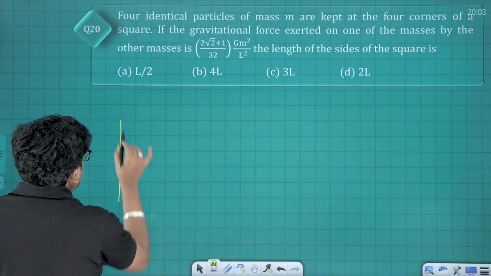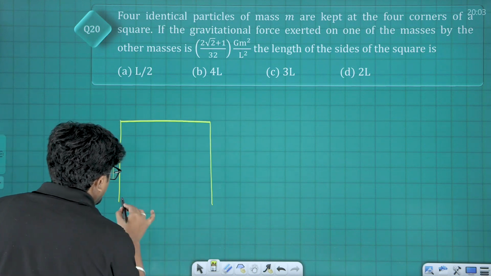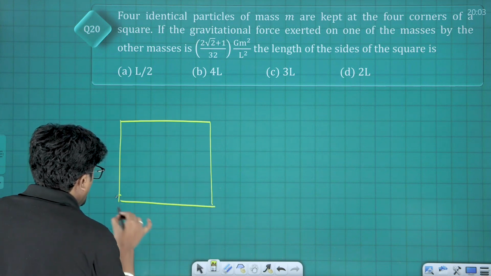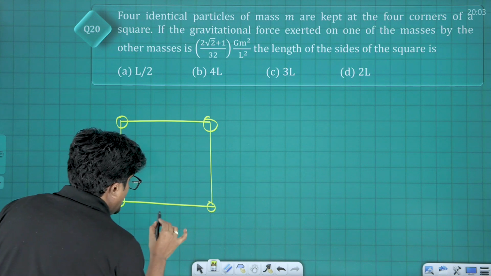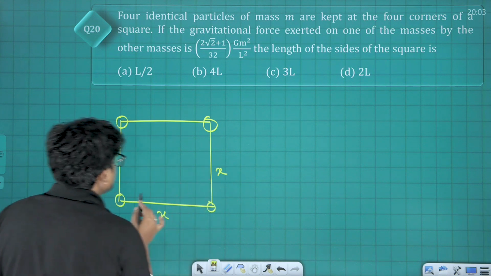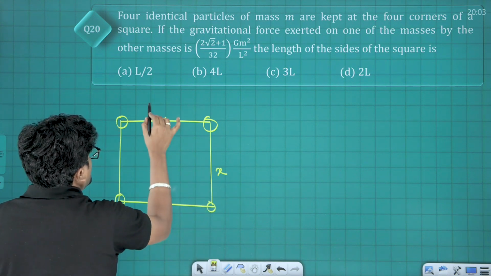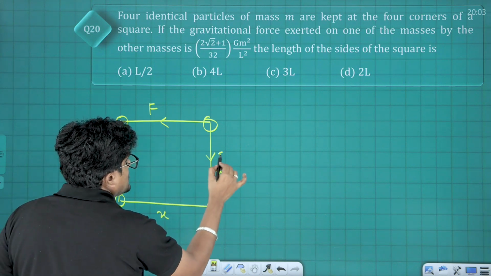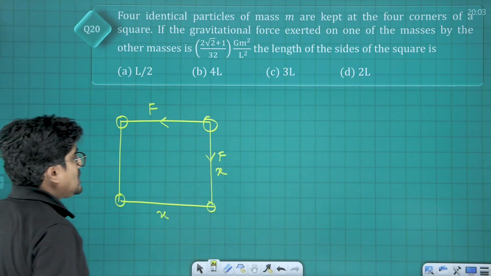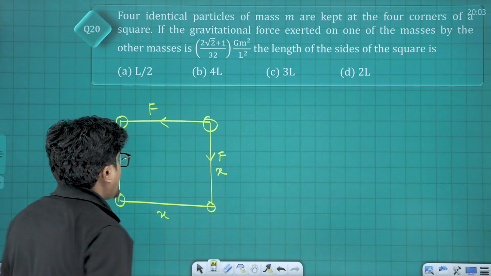So let me consider this to be the square. Okay, 1, 2, 3, 4, and the distance is x. Now the gravitational force due to these two masses is going to be along this direction, and here this is going to be along this direction, and these both have the same magnitude.